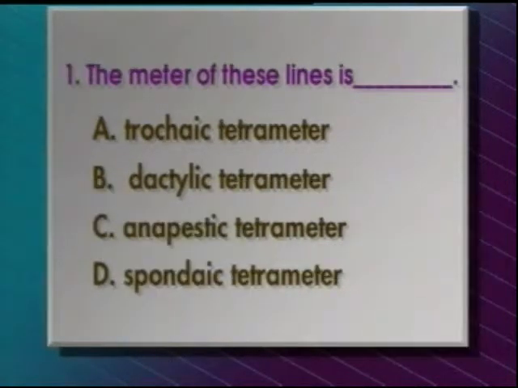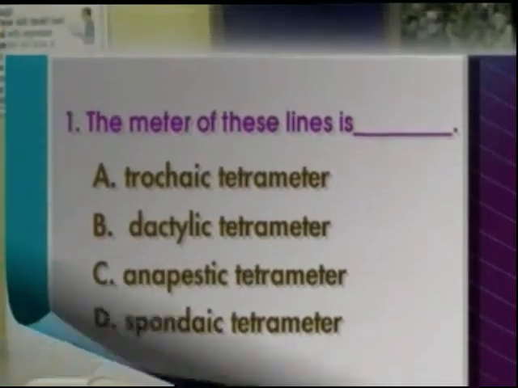B, dactylic tetrameter. C, anapestic tetrameter. D, spondaic tetrameter. In this test, the test taker is required to display his knowledge of the kind of feet used and the number of feet in a line.